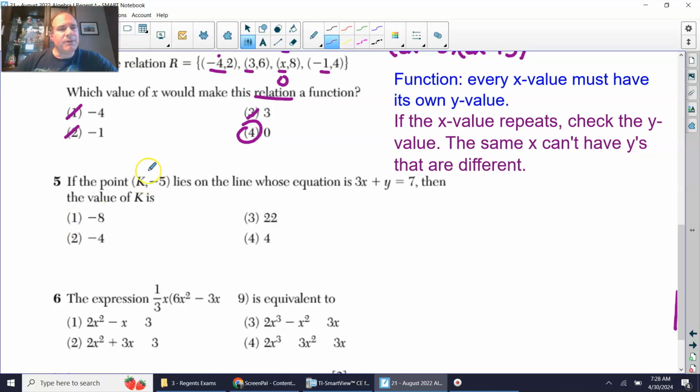All right, so if the point (k, -5) lies on the line whose equation is 3x + y = 7, then the value of k is... and just really simply, you have to solve for y. So I'm just going to rewrite 3x + y = 7.